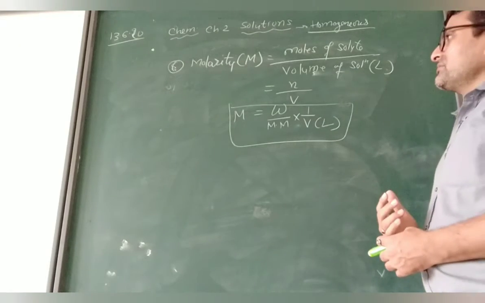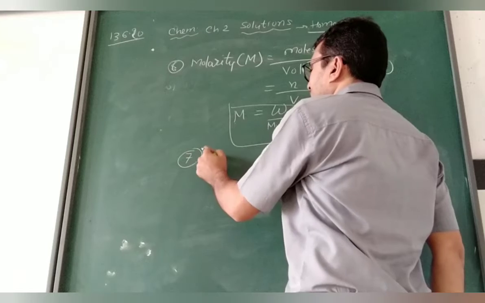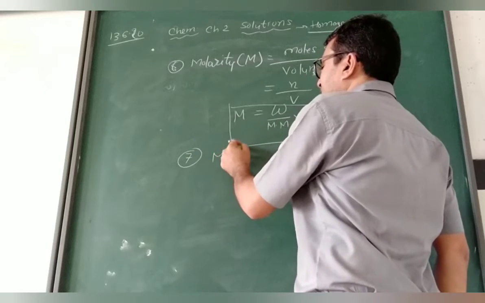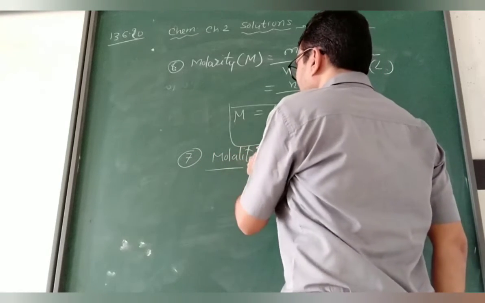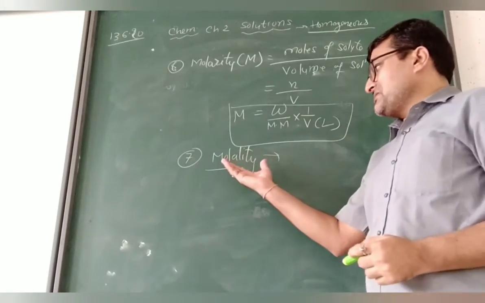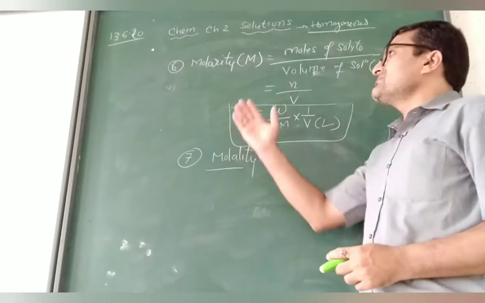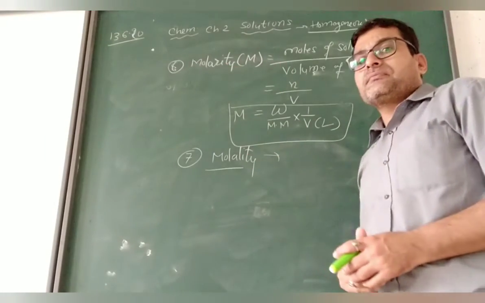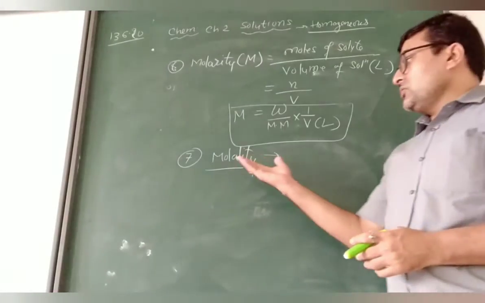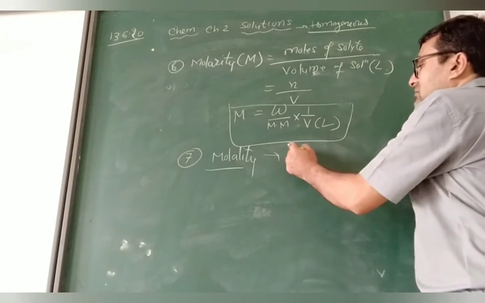One more unit we use is called molality, and it is widely used, and it is more convenient to express the solutions in molality than molarity, because molarity depends on the temperature. But here, we do not consider the volume. So what is molality?